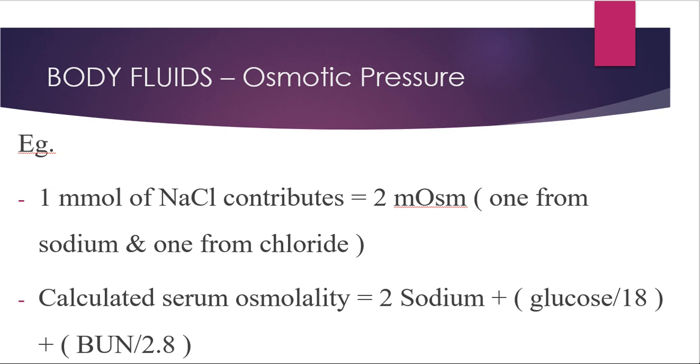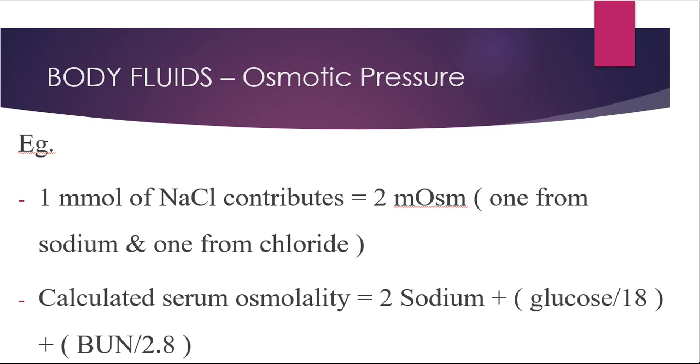For example, 1 millimole of sodium chloride contributes 2 milliosmoles. How come? 1 milliosmole is from Na+, from sodium, and 1 from Cl-, from chloride. In total 2 milliosmoles is contributed by 1 millimole of sodium chloride as a part of osmotic pressure.